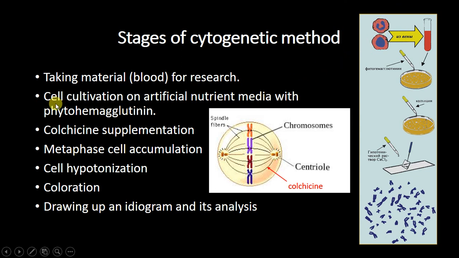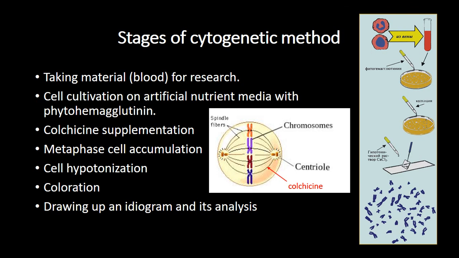The next stage is cell cultivation on artificial nutrient media with phytohemagglutinin. What is phytohemagglutinin? Or in other words, PHA, it is a lectin found in plants, especially certain legumes. The lectin has a number of effects on cell metabolism.